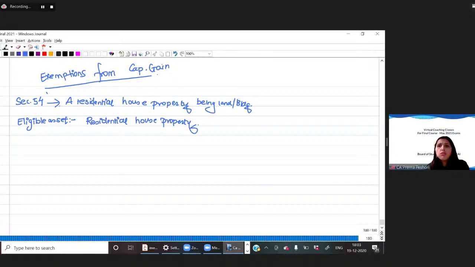So what is the eligible asset? Residential house property. Now, how many residential house properties?